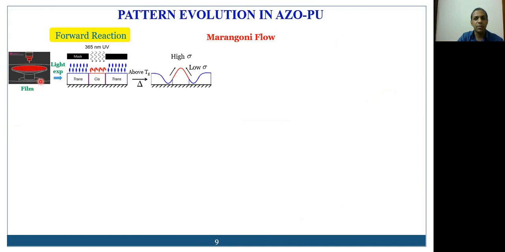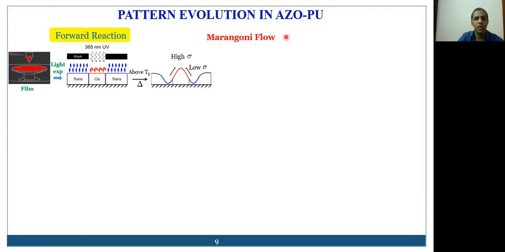So here is a typical experiment. A spin-coated film is exposed to light through a mask that transmits UV light selectively, which locally converts the thermodynamically stable trans state into the less stable cis state. Now, when this film is heated above its Tg, the fluidic polymer flows from the masked region to the exposed regions due to the surface tension differences between the cis and the trans isomers.